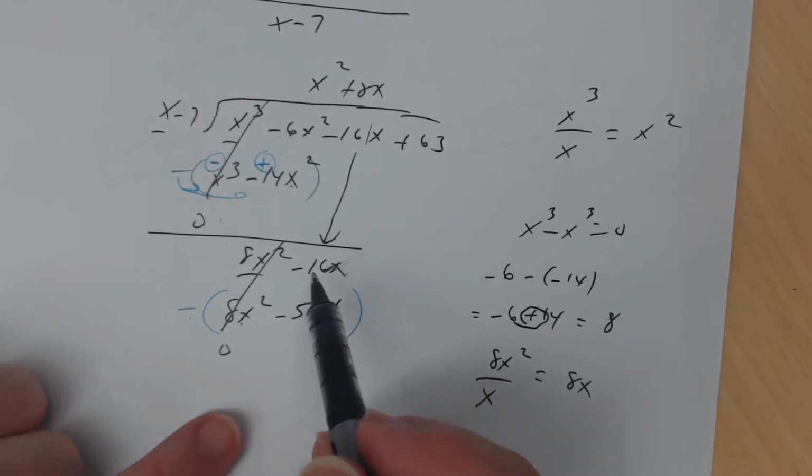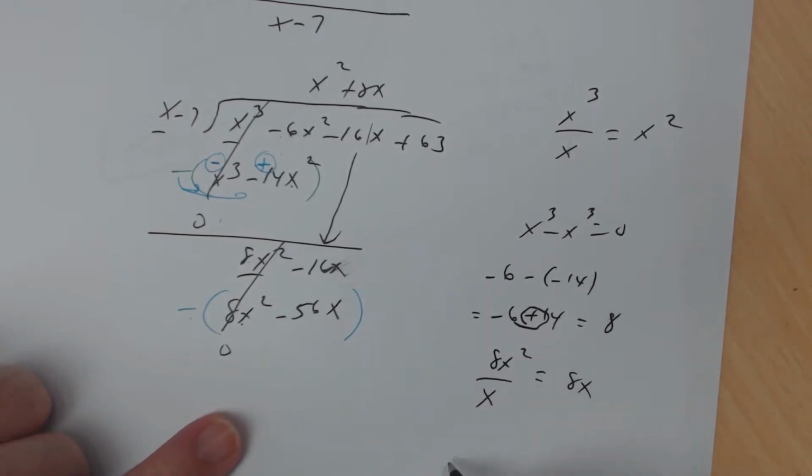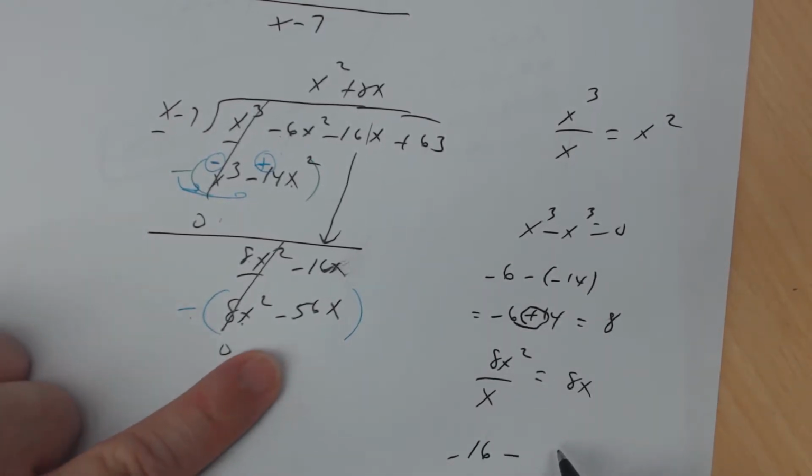Now over here, use your calculator. A negative 16 subtract a negative 56.